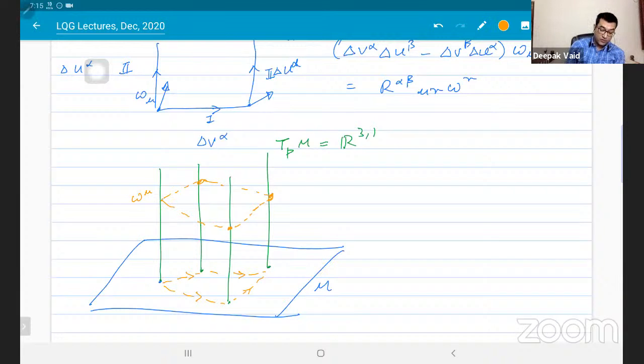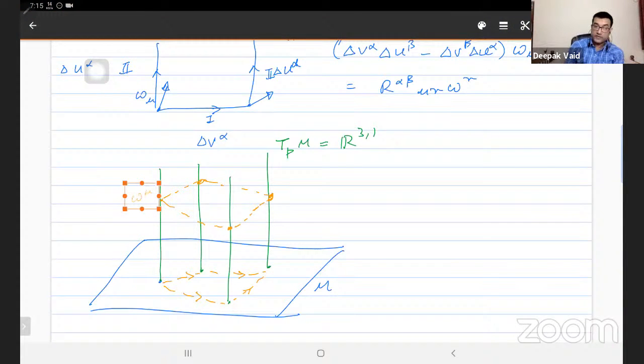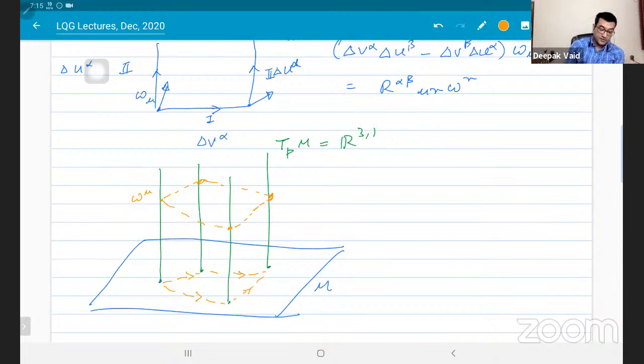So as I go along this path in the base manifold, the corresponding object in my fiber bundle is so transported along these two paths. So 1, 2, and 2, 1. And when I reach over here, this object, again, I have two copies, let's say omega 1 mu and omega 2 mu, right?